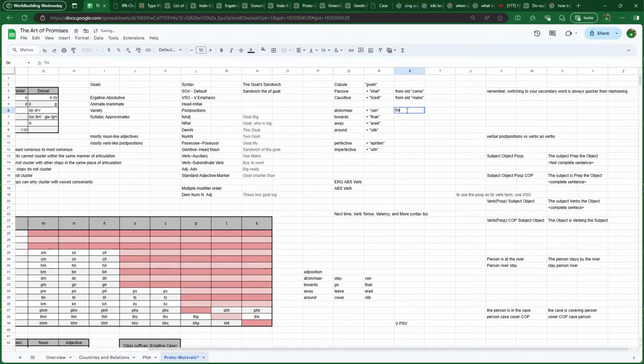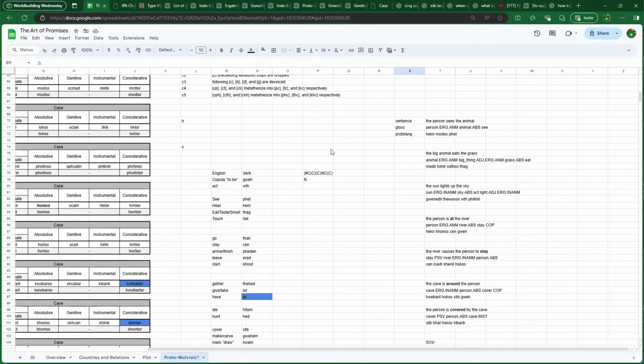This is from stay, from go, from leave, from cover. The reason I don't want it to be a formula is because I want to be able to edit this stuff later, like the actual text itself. I'm not just inputting raw data.